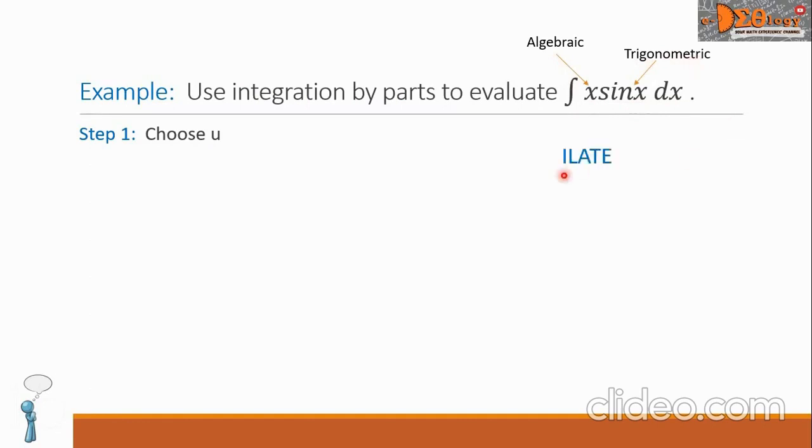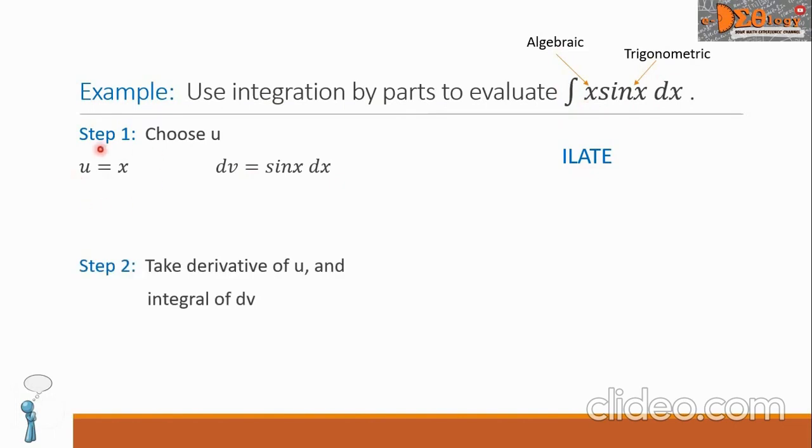With respect to our acronym ILATE, the letter A that stands for algebraic comes first, then the T that stands for trigonometric. So we will take the u to be that algebraic, which is x. So we write here u equals that function x. Eventually, the dv is equal to that sine x along with the dx.